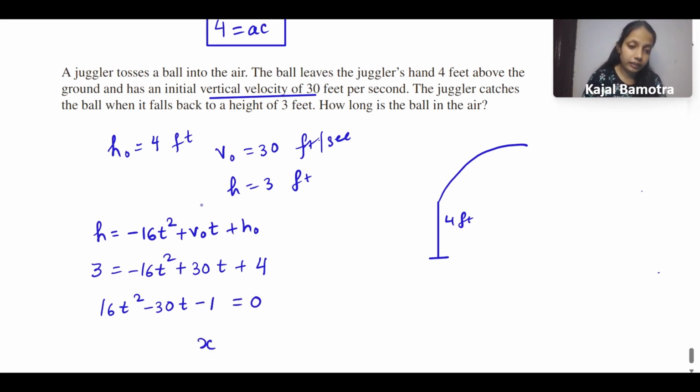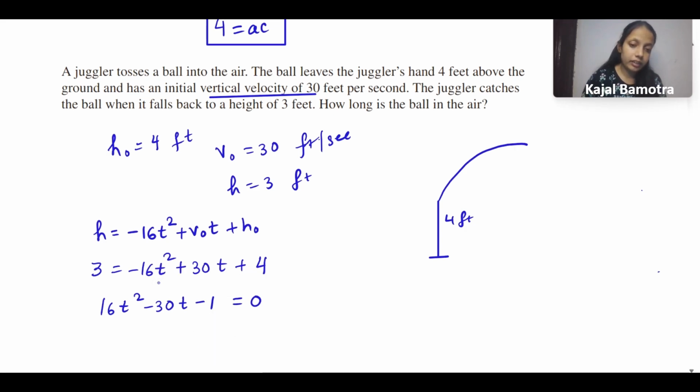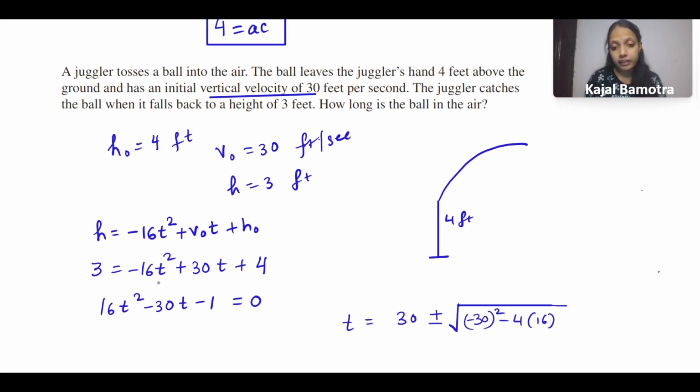So let's calculate. It's t here, right? t equals the negative of b. b is already negative 30, so negative negative is positive. That's why I write only 30. Plus or minus the square root of b squared minus 4ac over 2 times a.